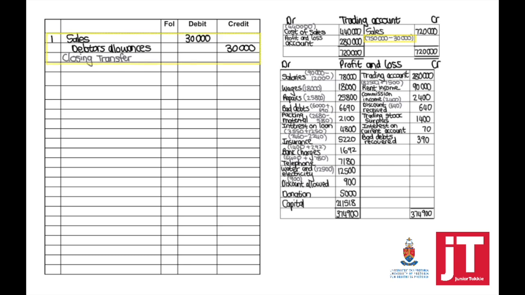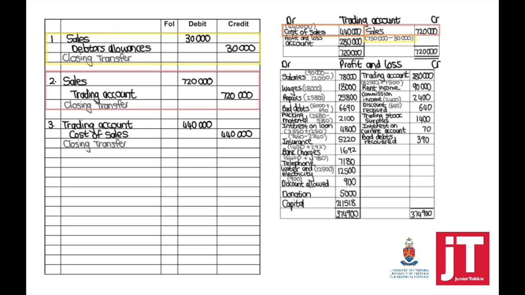Then we need to take cost of sales to the trading account. Before cost of sales, sales is taken to the trading account, which means that sales will be debited, account credited, trading account. Now we can take cost of sales to the trading account to show that trading account is debited, account credited, cost of sales.